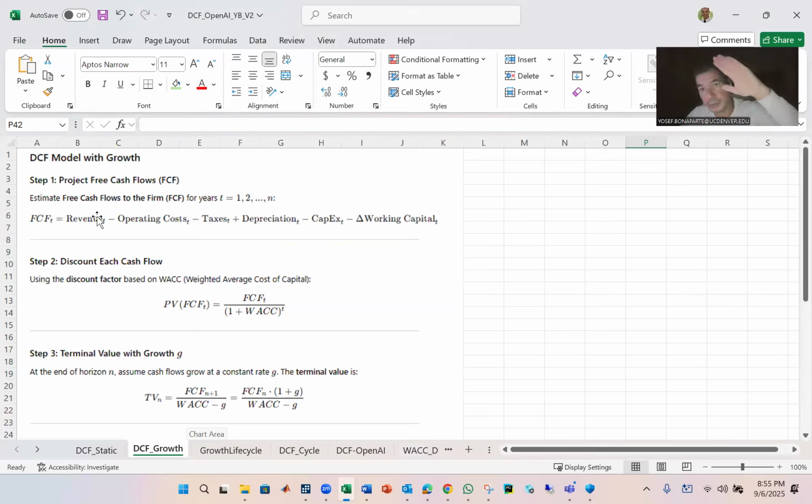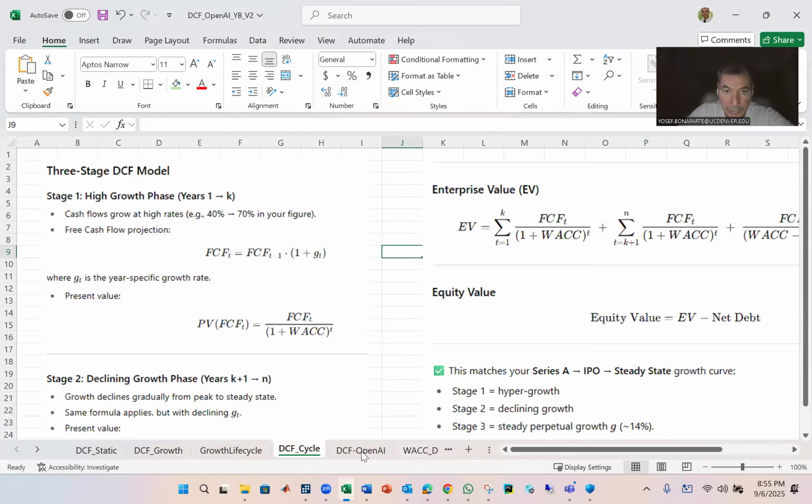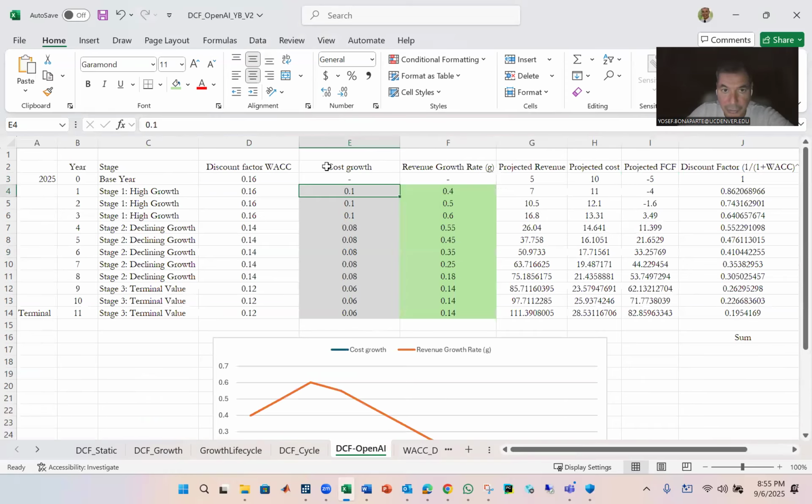So we didn't know how the free cash flow is growing when revenue is growing at one rate and operating cost at another. OpenAI is a different case. You need to have the cost growth and the revenue growth. So I collected data about the cost growth, 10%. I read a lot about OpenAI. The revenue growth is 0.4, they expect it to go to 0.5, 0.6, and then decline to 0.5, 0.35, and then converge at 0.14. The cost growth will be 0.6 in the terminal.